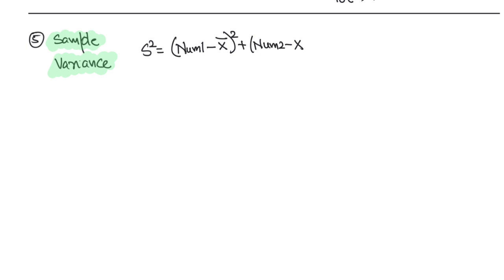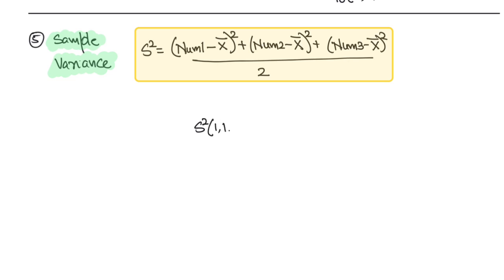Finally, the sample variance is another example of a statistic, typically denoted by S squared, which is defined as num1 minus x bar squared plus num2 minus x bar squared plus num3 minus x bar squared divided by 2.